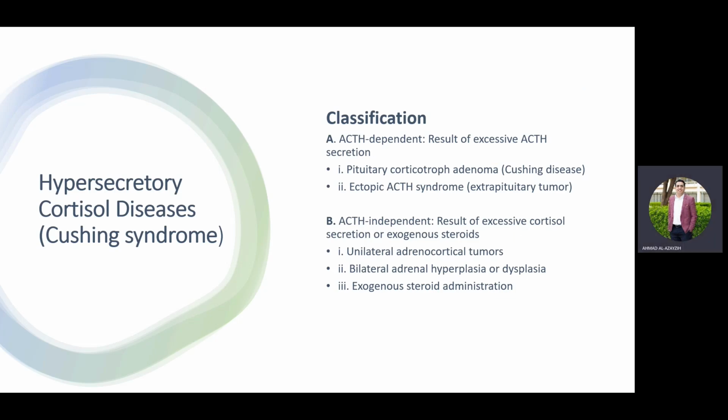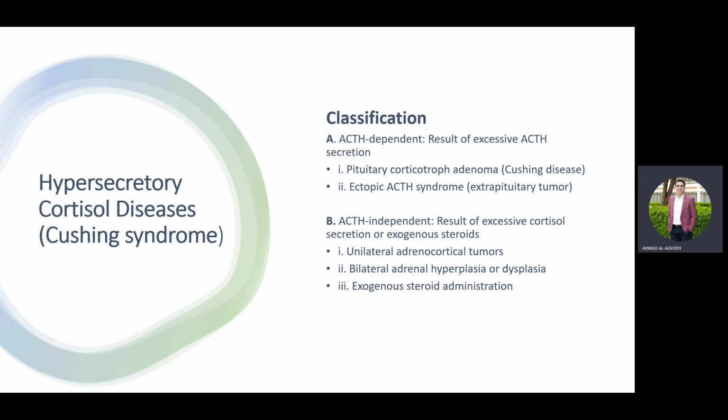Let's start with hypersecretory cortisol disease. In this case, we have Cushing disease and we have Cushing syndrome. So, what is the difference between Cushing disease and Cushing syndrome? Cushing disease is mainly due to a pituitary adenoma.